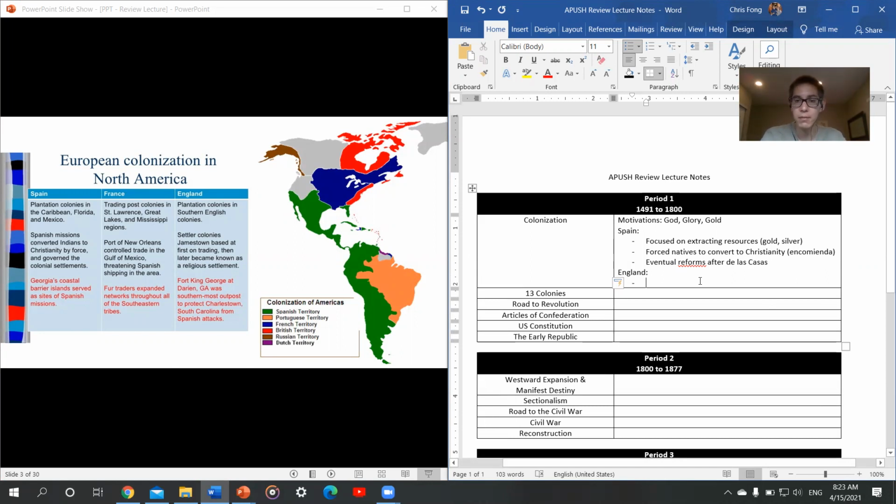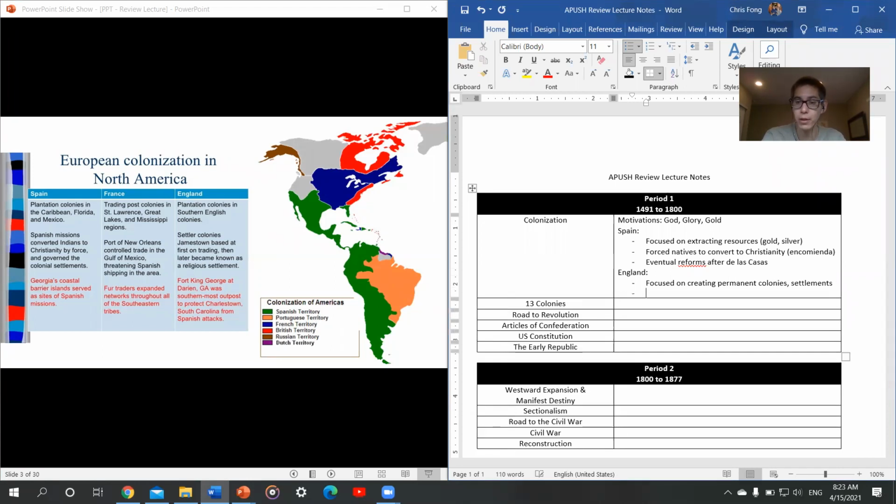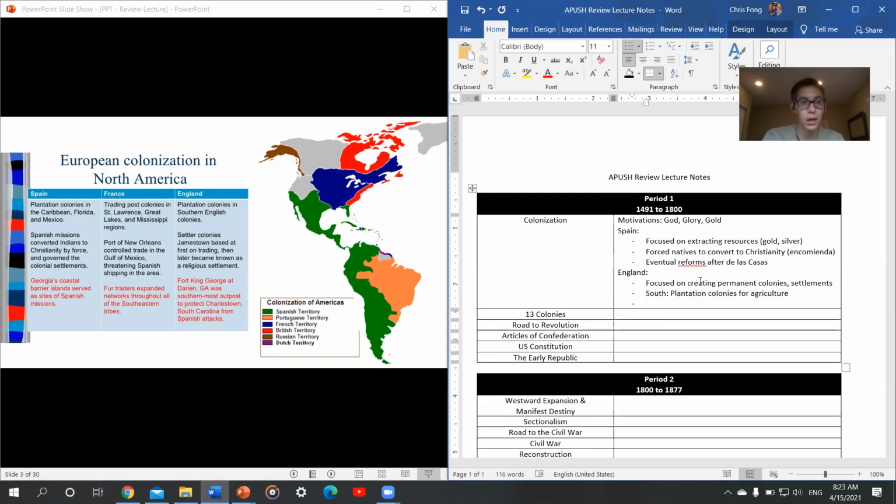So England is much more focused on creating permanent colonies, permanent settlements with large populations. In the South, these are mostly plantation colonies for agriculture. And then in the North and the Middle, especially, you have many religious people fleeing persecution and religious discrimination.